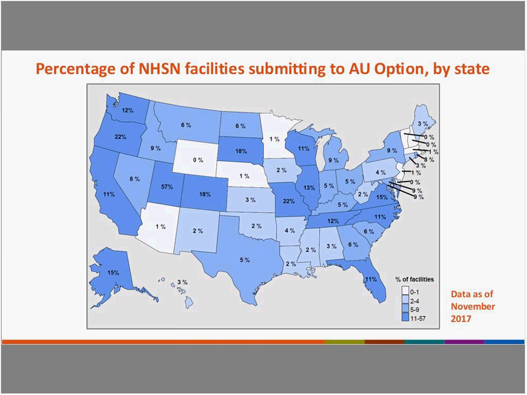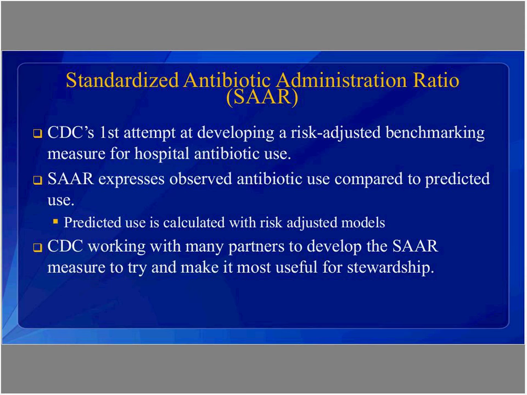As I mentioned, a focus of our efforts with the antibiotic use option has been on developing a risk-adjusted benchmark for antibiotic use, and we have developed such a measure called the Standardized Antibiotic Administration Ratio. This is a ratio that expresses observed antibiotic use to predicted use, and the way we calculate the predicted use is to do some risk-adjusted modeling using facility-level characteristics.